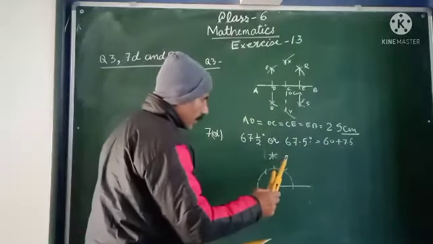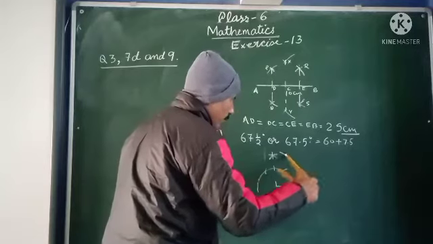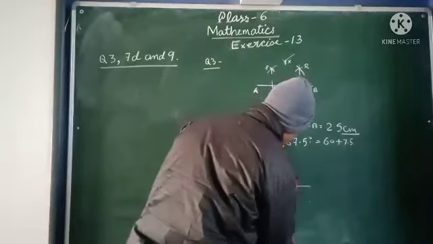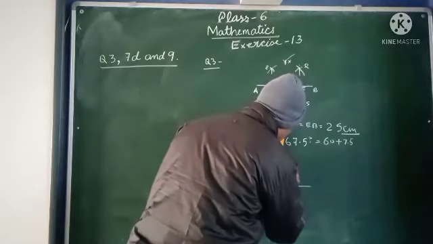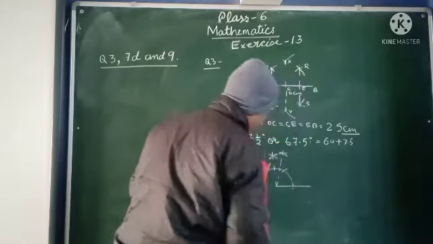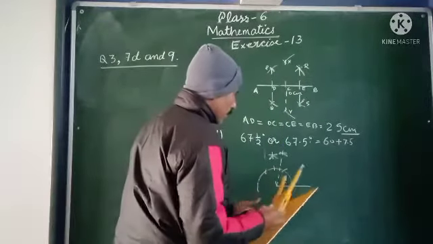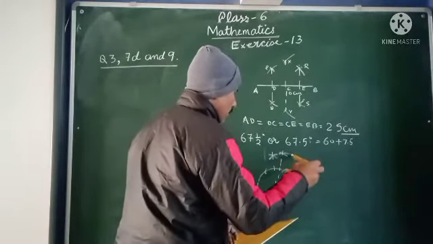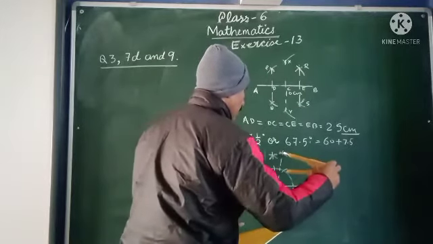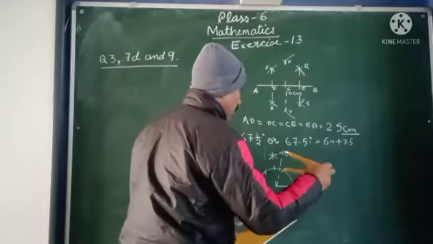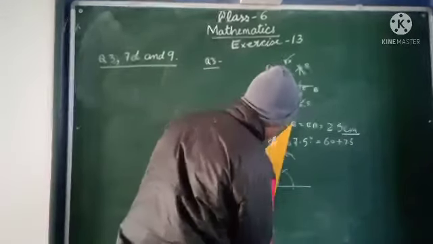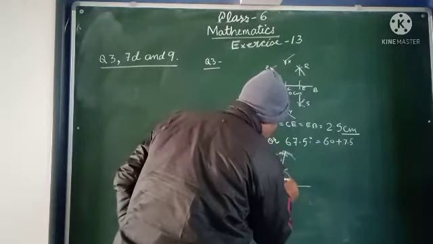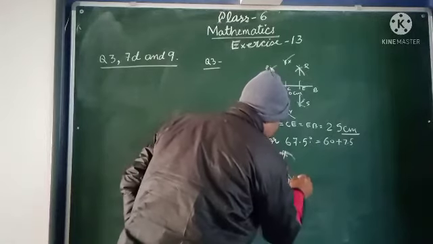Then 30 degrees is further bisected to get 15 degrees. This is 15 degrees. And then the 15 degrees is further bisected, so we will get here 67 and a half degrees. So this will be the 67 and a half degree angle.